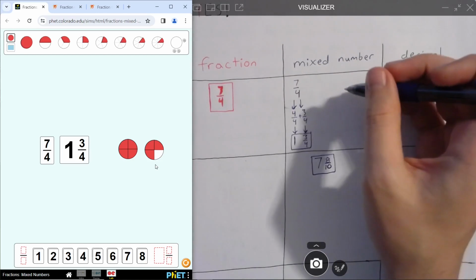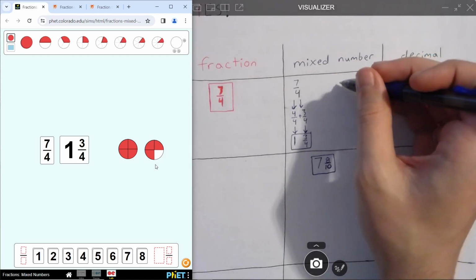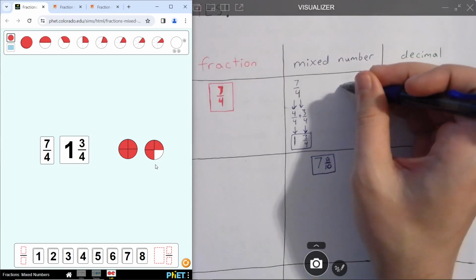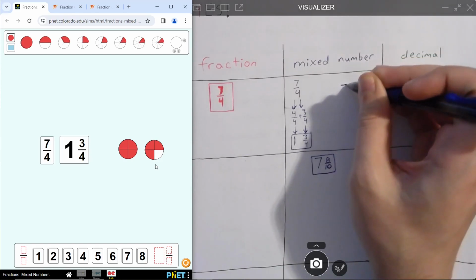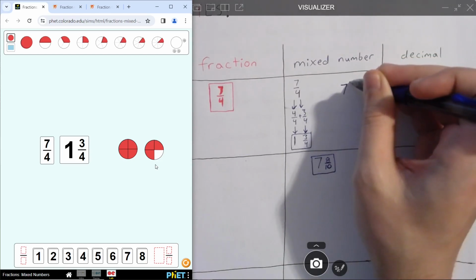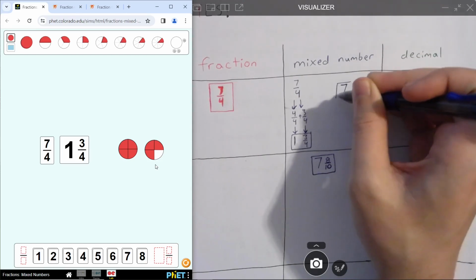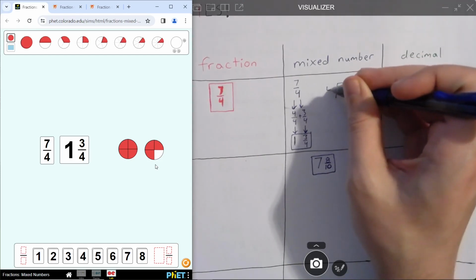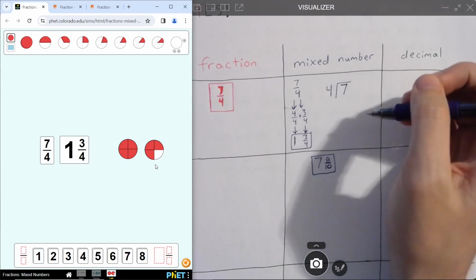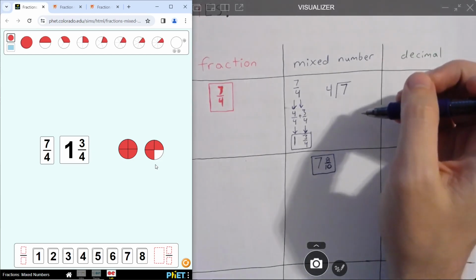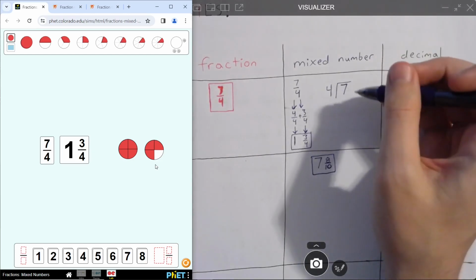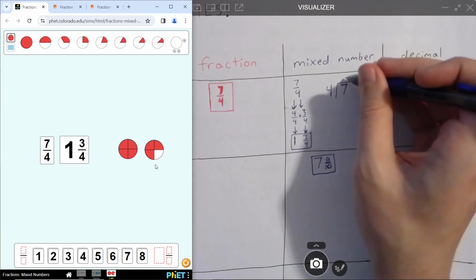Or what you could do is you could take 7/4 and turn it into a division problem with the remainder. So we have the dividend of 7 underneath the long division sign divided by the divisor of 4. 4 goes into 7 one whole time without overshooting, because if you did 4 times 2, that would be 8, and that would overshoot the 7.